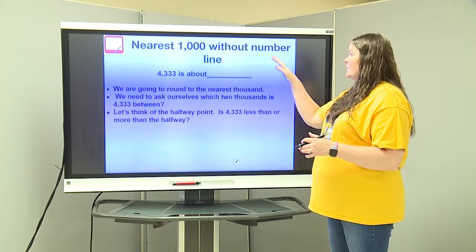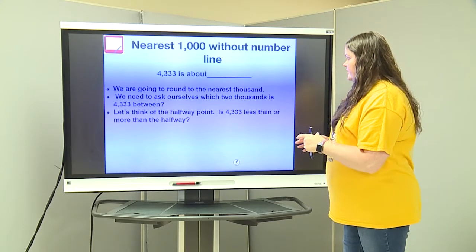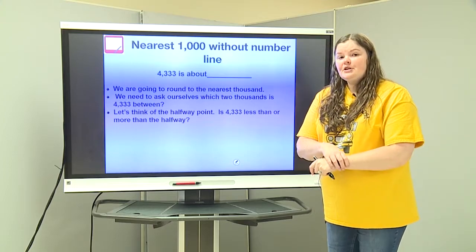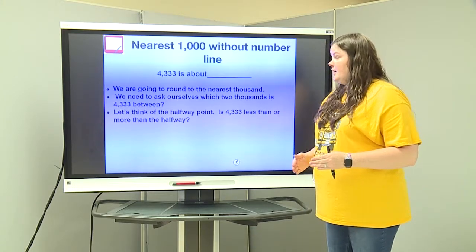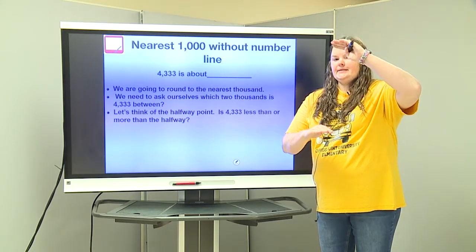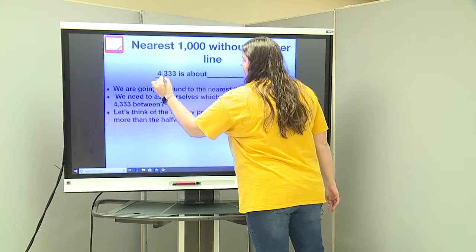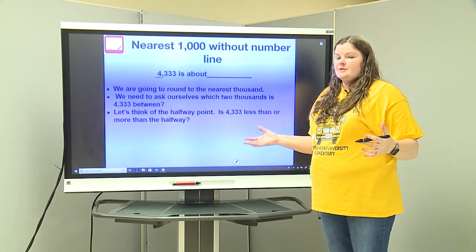Okay, so we're rounding again to the nearest thousand. It says we need to ask ourselves which two thousands our number is in between. So if we were going to do a vertical number line, we would need to think what would be at the bottom and what would be at the top. If I'm rounding to the thousands place, I'm looking at the 4 in the thousands place.